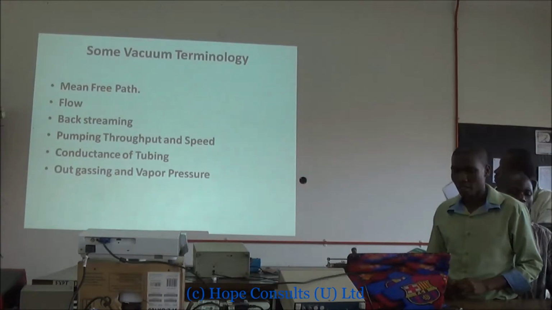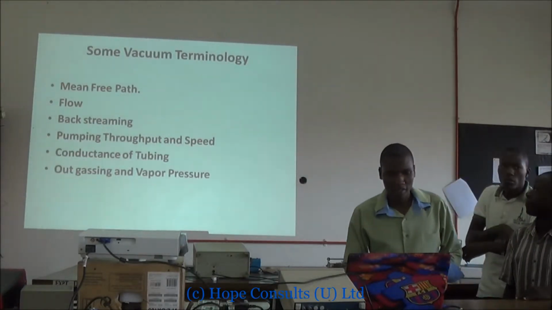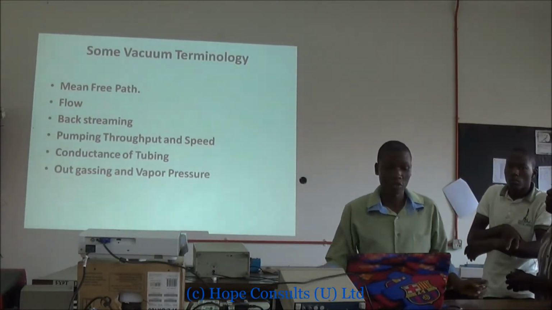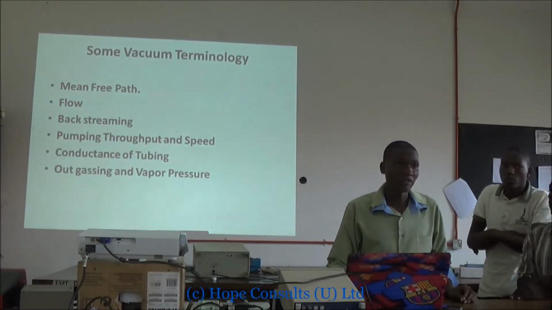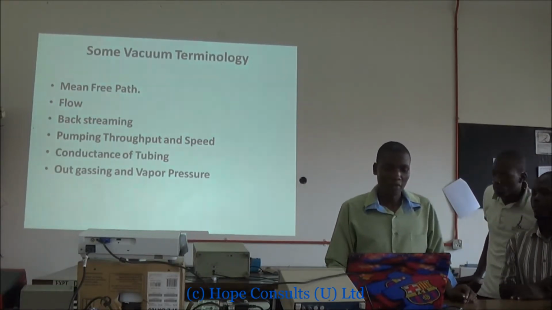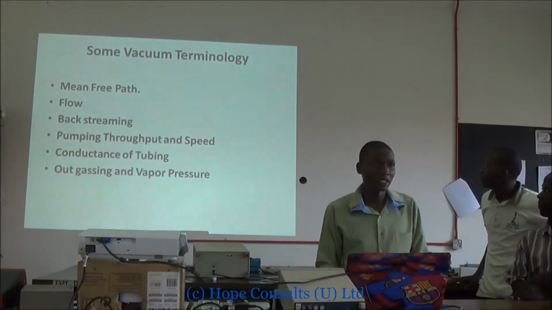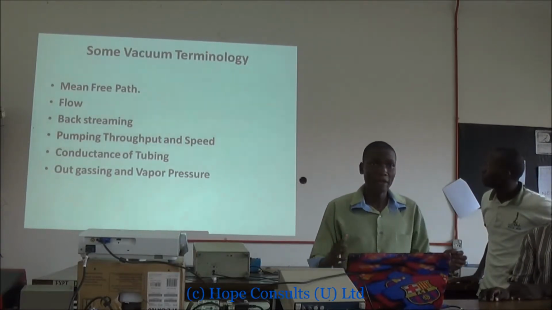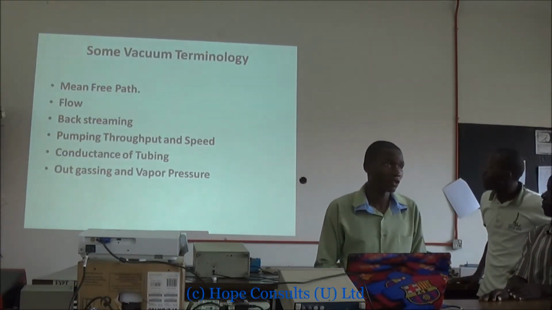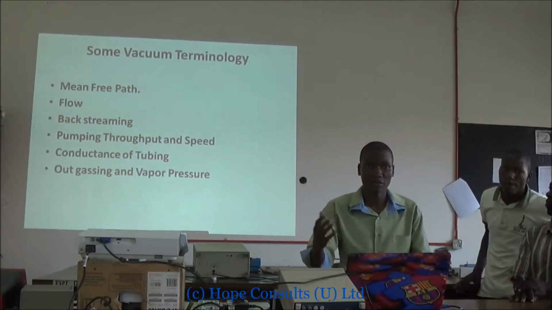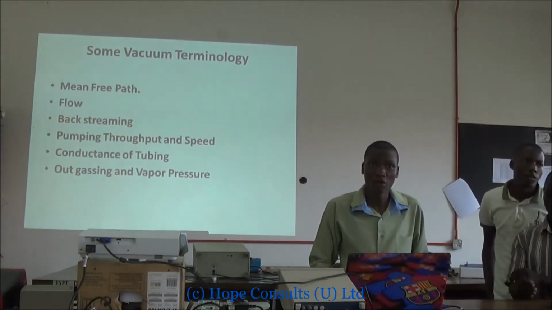So let's look at some of the terminologies used in vacuum systems. One of them is mean free path. Mean free path is the minimum distance traveled by molecules before colliding with another.